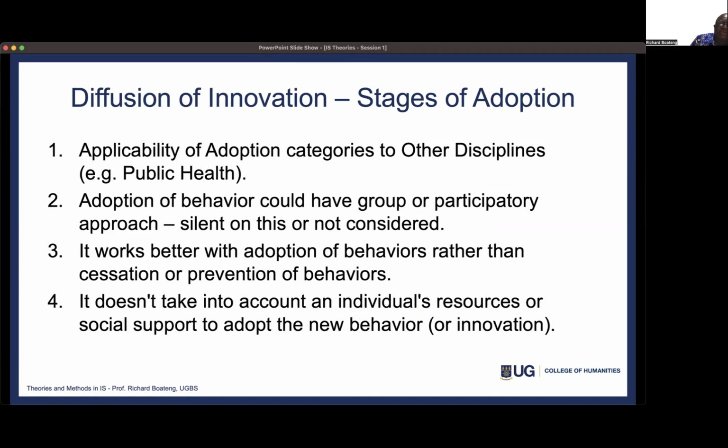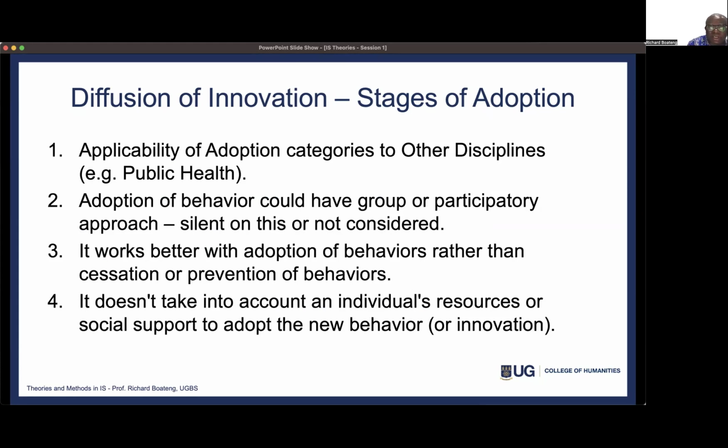Now, it has been applied to so many disciplines, from healthcare to examining different types of groups or participatory approaches within a phenomenon that we are trying to study. So adoption could have a group or a participatory approach.